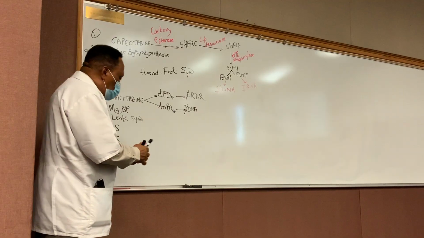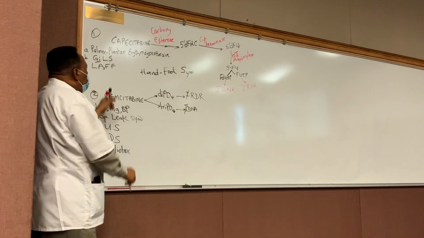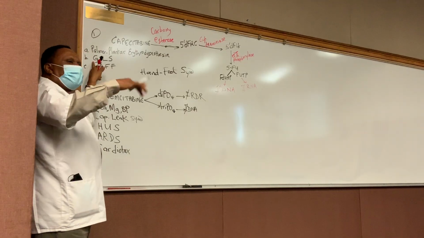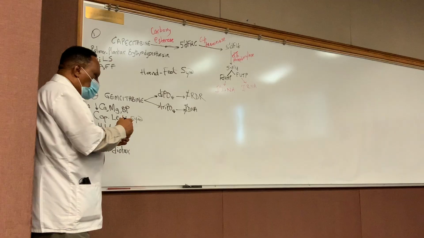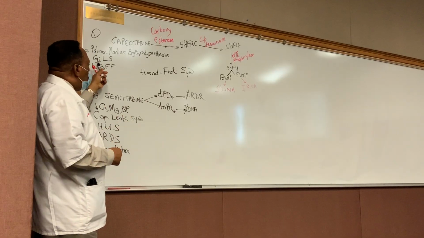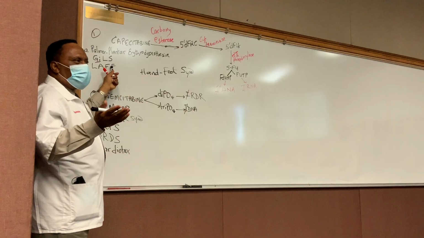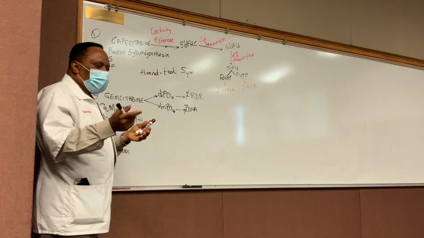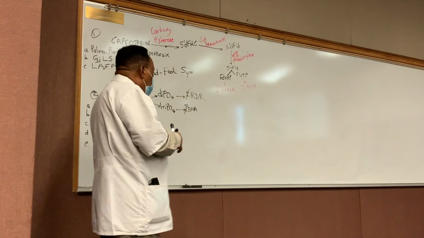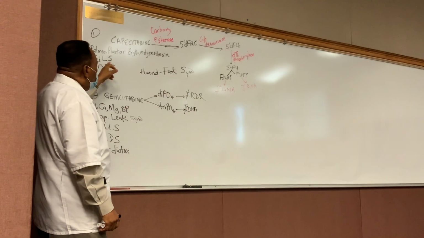G is referring to GI symptoms: nausea, vomiting, diarrhea, anorexia, dyspepsia, all of those it can cause. And L is referring to liver, so increases in ALT, AST, and all those. So liver damage.